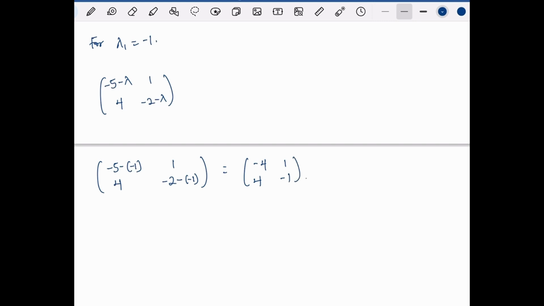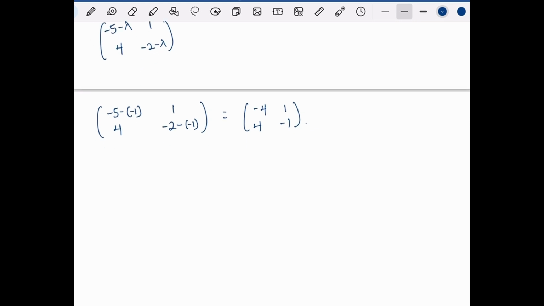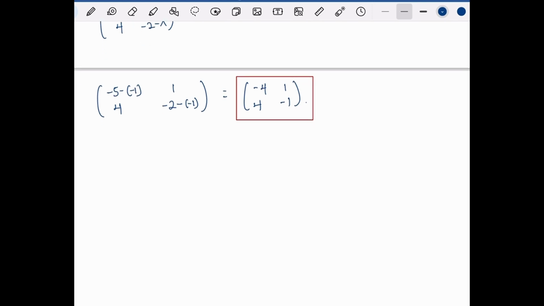Good. So now let's find our eigenvector for lambda 1. We just multiply this new matrix by a vector, say v1, v2. So you're going to have the matrix minus 4, 1, 4, minus 1 multiplying v1, v2, and we set it to 0.